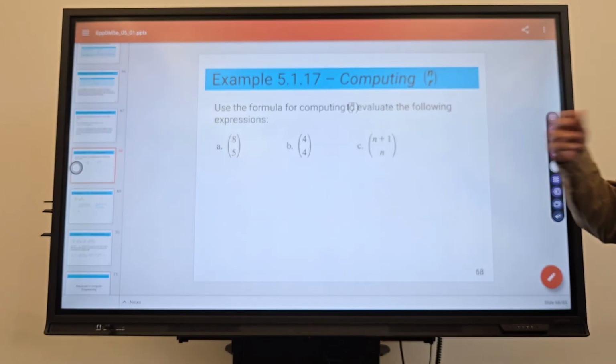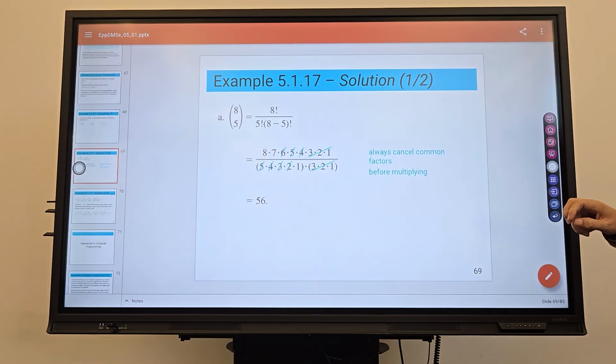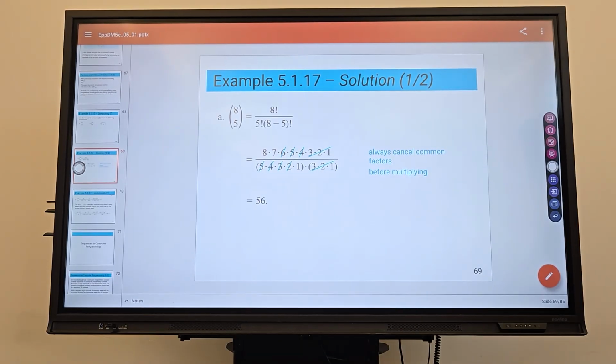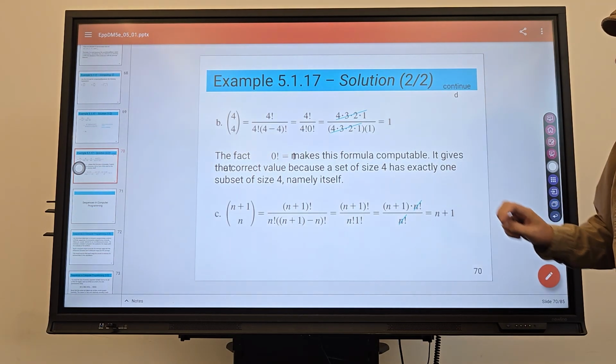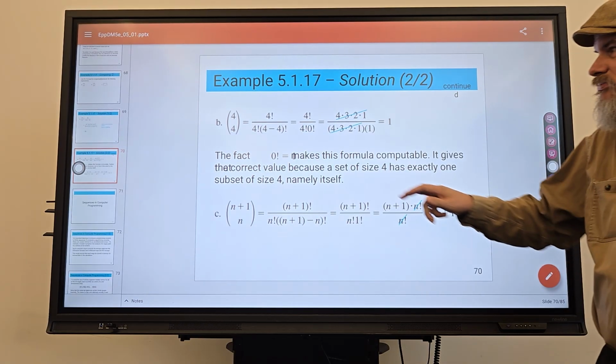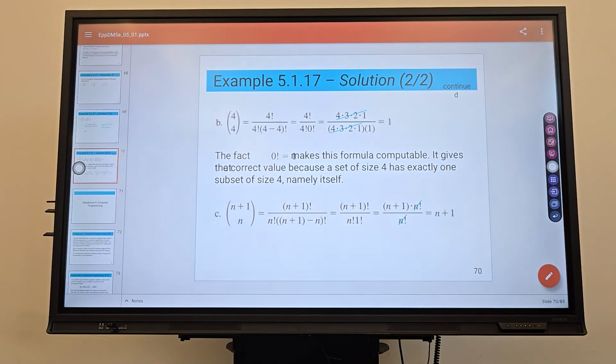This shows you how to expand out the factorials and cancel out the factors and get your final results. The fact that 0 factorial is 1 makes the formula computable in some instances.